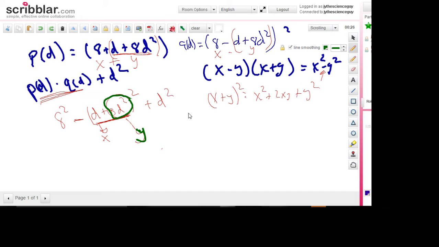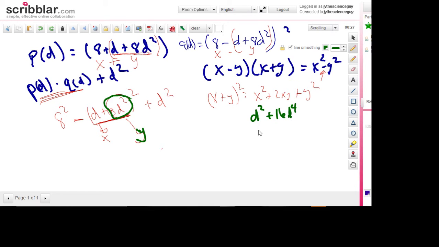Okay, so I'm going to follow this pattern. So this is going to give me d squared plus, I take the two things, multiply them together, and then multiply by 2. So this is 16d, and then d to the 4th.